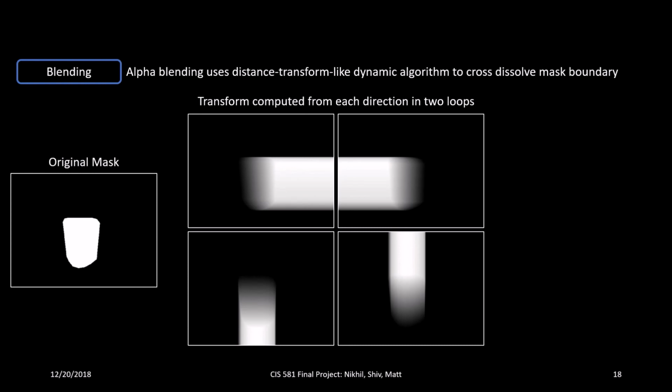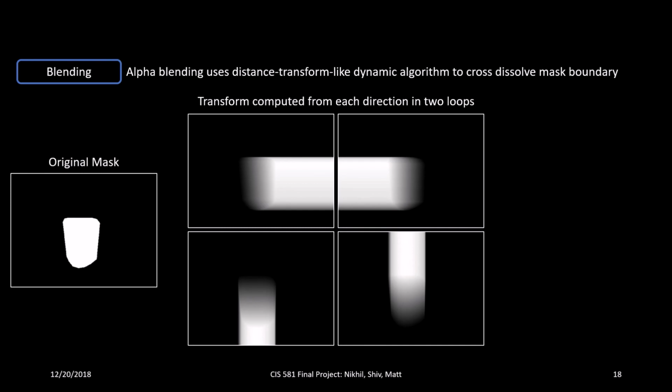And instead of doing the simple distance transform, you're trying to generate a dissolve fraction as you go along. So you're taking a fraction of the mask image, and then it's a dynamic programming algorithm, so you're also adding the fraction from the row or column previous.